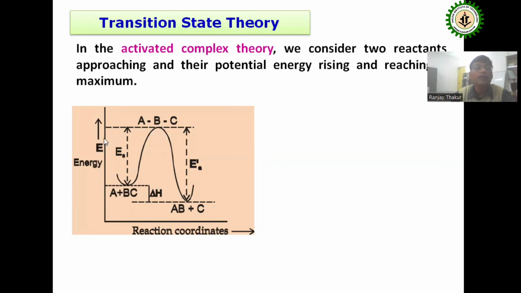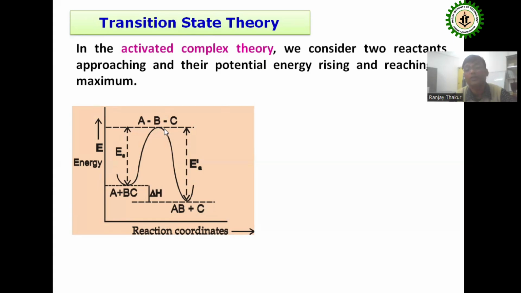This total energy, this whole energy, is called threshold energy: the minimum energy required to convert into the product. And this level, this layer, is called the energy barrier. Barrier means that if the energy level remains lesser, then it is unable to convert into product.